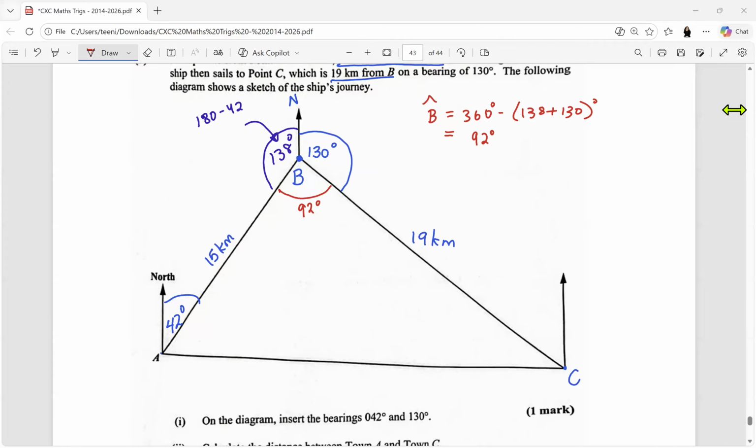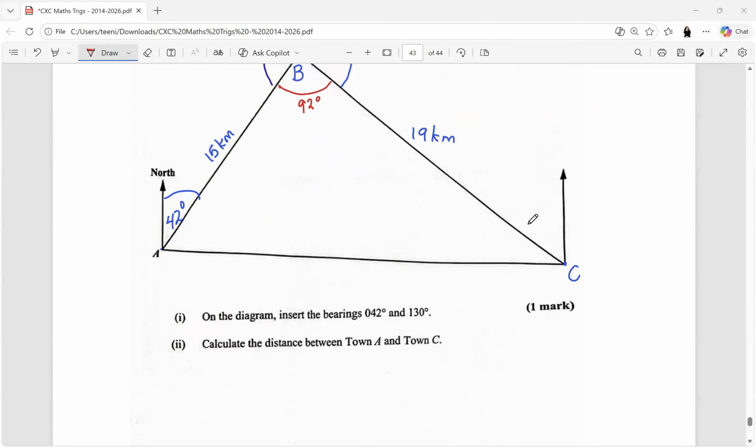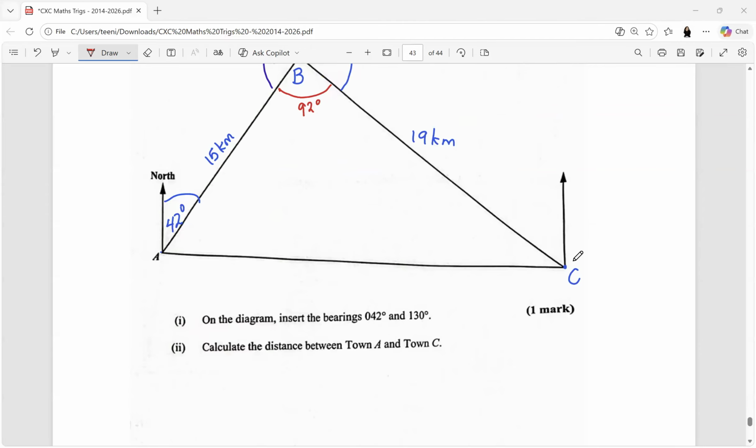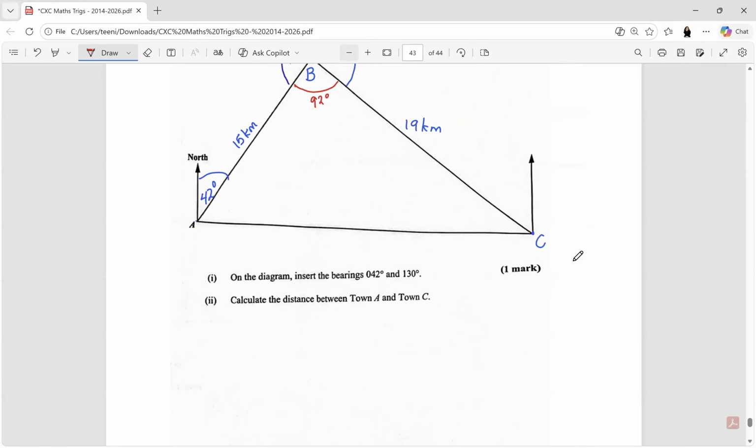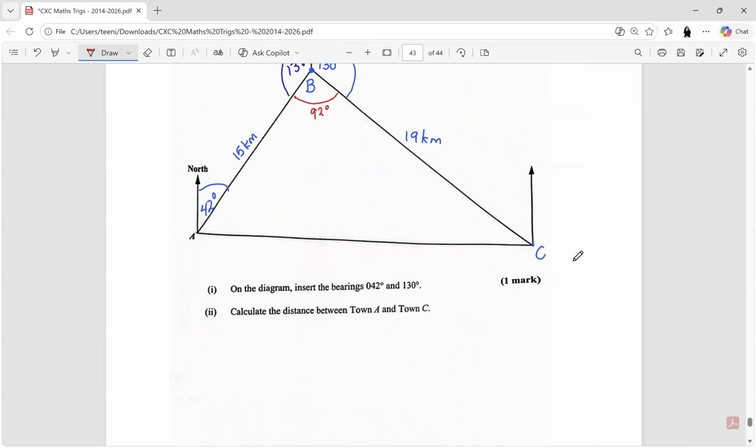Cosine rule, right? So the cosine rule is used to find a third side when you have two sides and the included angle. So this is the side opposite side B. So we're just going to label it AC.